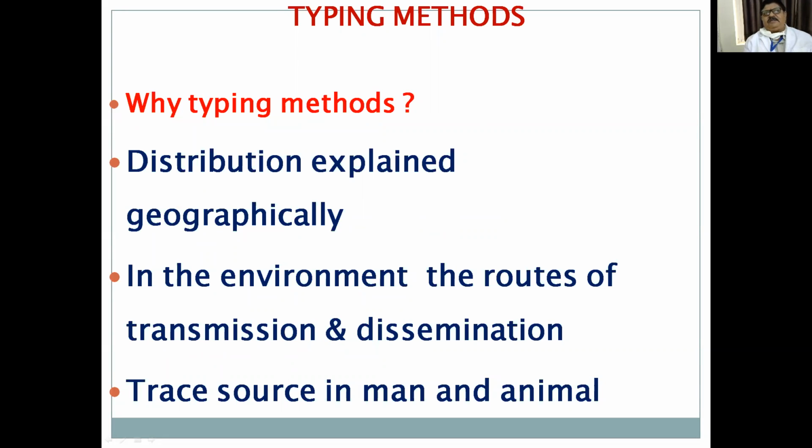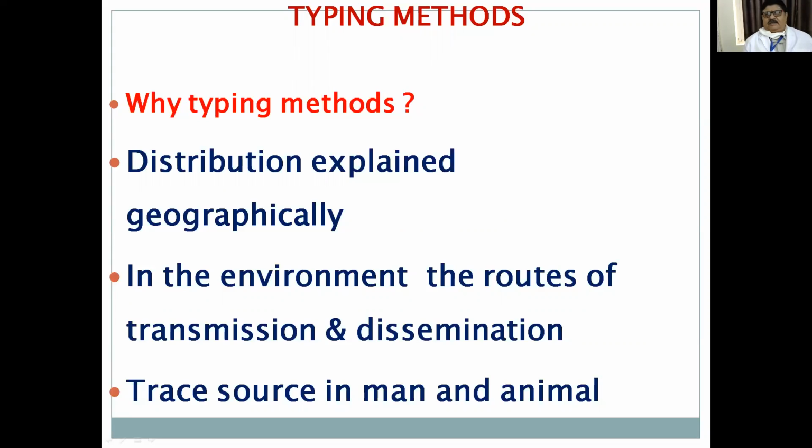Anyway, we have to type these bacilli. Like typing methods, there are so many. But why typing at all? One is their distribution is explained geographically. So, for example, in India, so and so strain of Mycobacterium tuberculosis is more powerful or more rampant, something like that you can say.